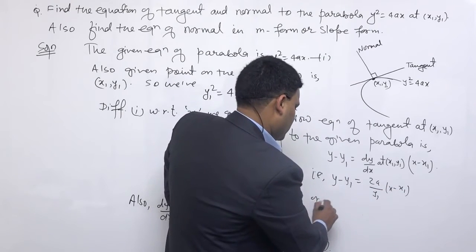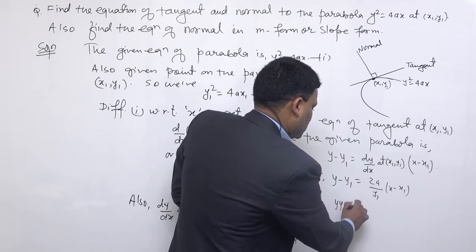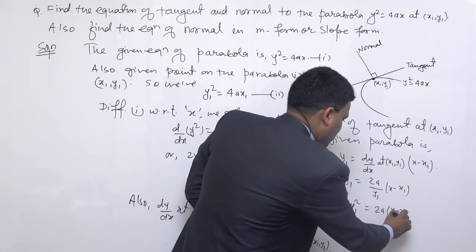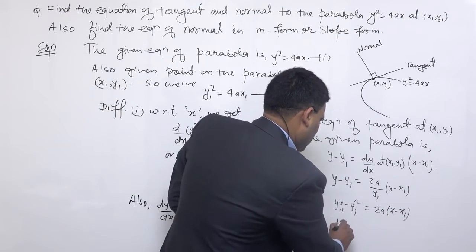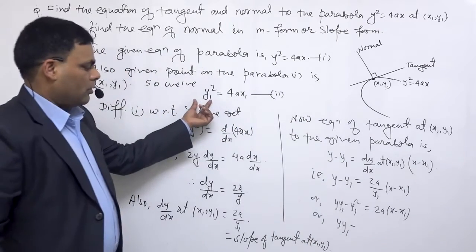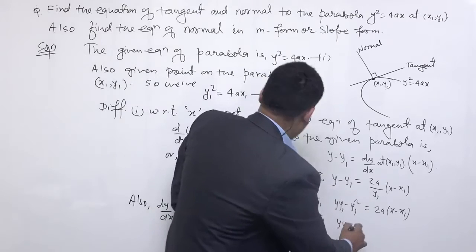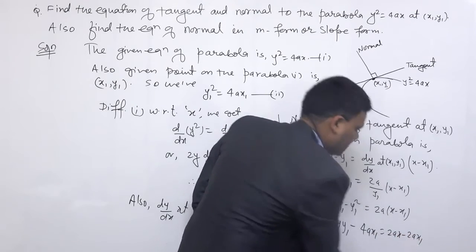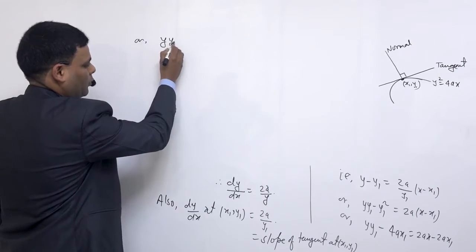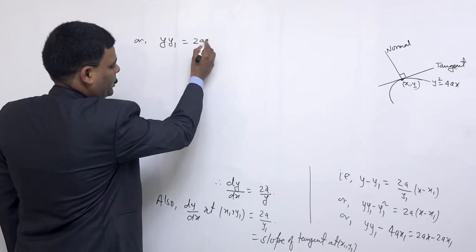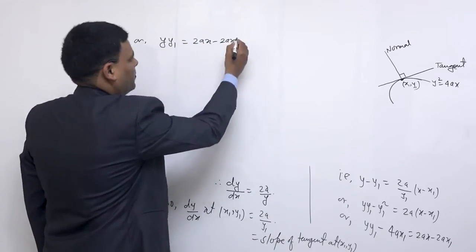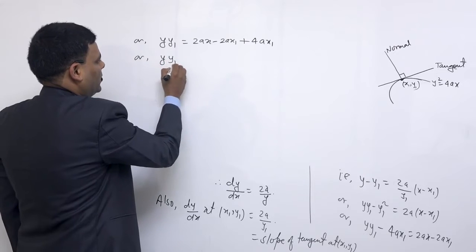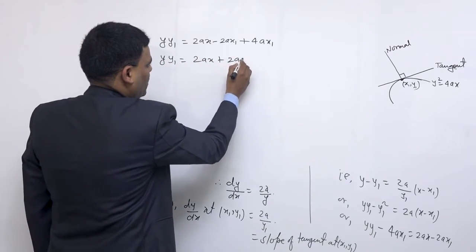On simplification yields y y1 minus y1 square equals to 2a into x minus x1, or y y1 minus, here we have the value of y1 square equals to 4ax1, so y y1 minus 4ax1 equals to 2ax minus 2ax1, or y y1 equals to 2ax minus 2ax1 plus 4ax1, or y y1 equals to 2ax plus 2ax1.